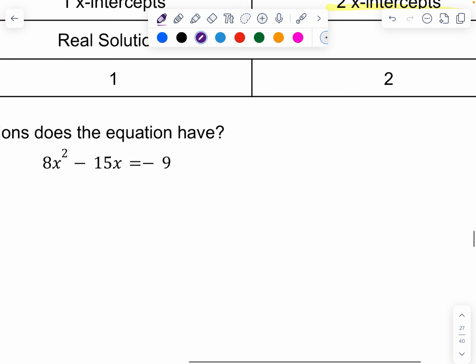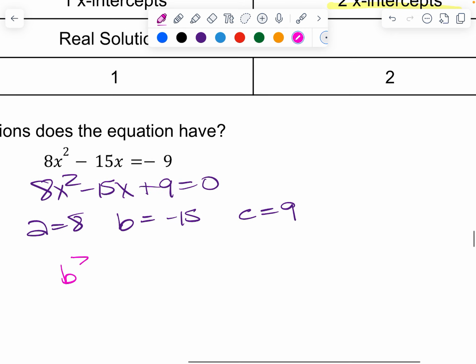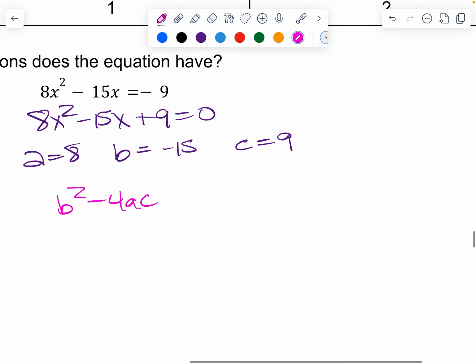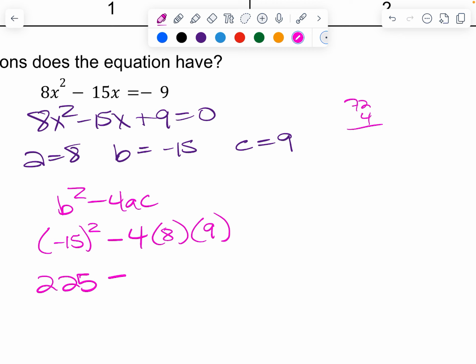Okay, so let's do this one. 8x squared minus 15x plus 9 equals 0. My a value is 8, my b value is negative 15, my c value is 9. So b squared minus 4ac. I take negative 15, I square it, minus 4 times 8 times 9. I get 225 minus 72 times 4, that's 288.